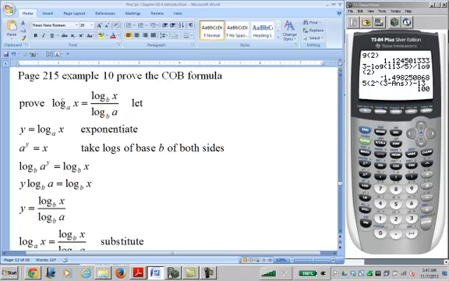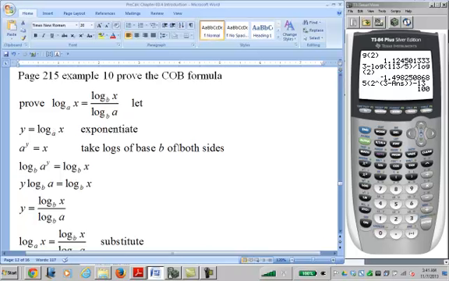Notice that that is the left side of this equation. Exponentiate: a to the y equals x. In other words, we're putting this log equation into exponent form. a to the y equals x.